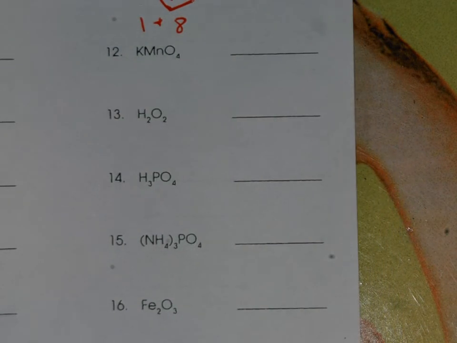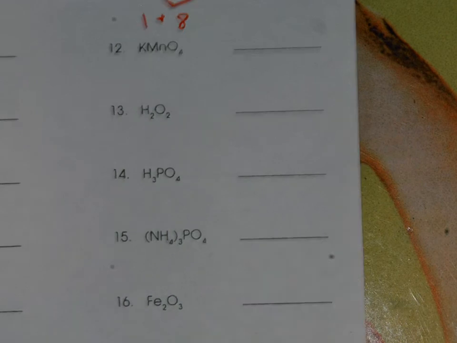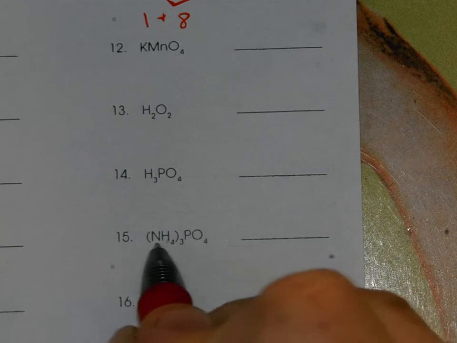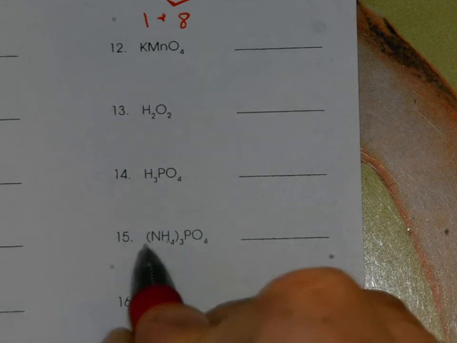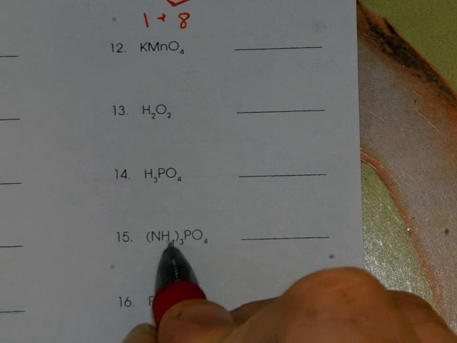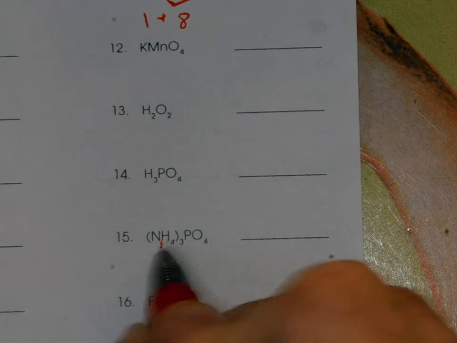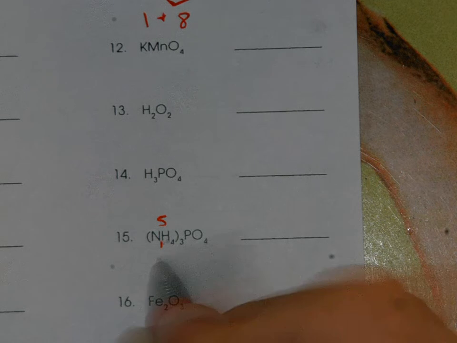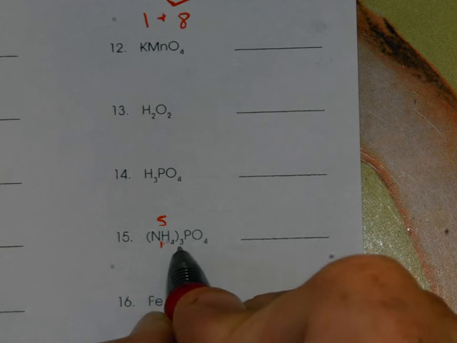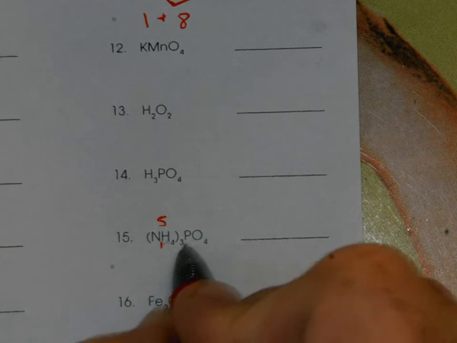I'll do one more with you, and then I'm going to end this one, and you should have the rest of these completed next time I'm here. NH4, that's ammonium, by the way. And so let's see, we've got 4 hydrogens, 1 nitrogen. That makes for a total of 5 atoms in that one polyatomic ion. Now the subscript 3 there is telling us that we've got 3 of those.